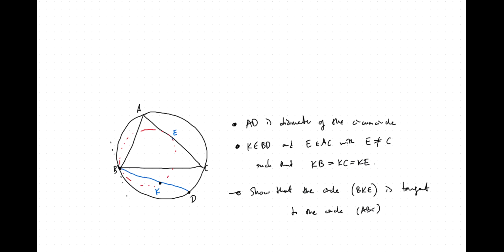However, point E should be defined by the condition that KE is equal to these things. Yeah, but it could be on the other side. Well, no, think about it. E is defined in terms of its distance to K. So there is a circle with center K passing through B and C, with this radius.